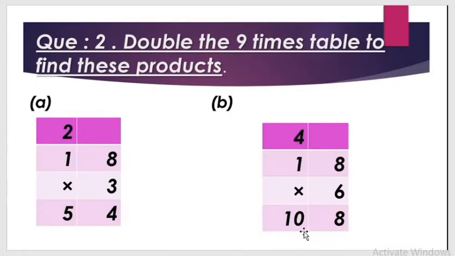So the answer is 108. 18 sixes are 108. Got my point, all students?